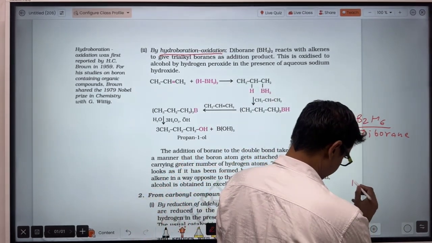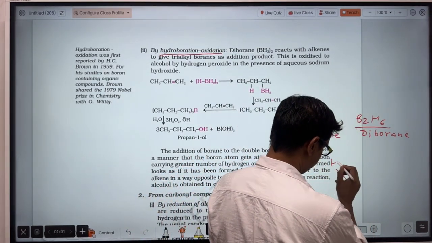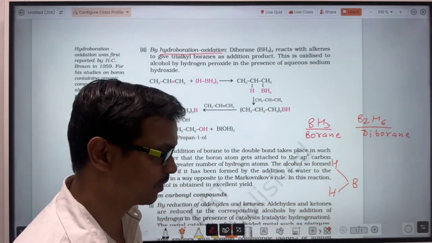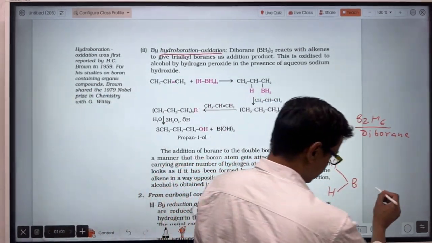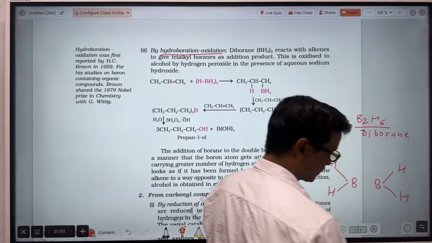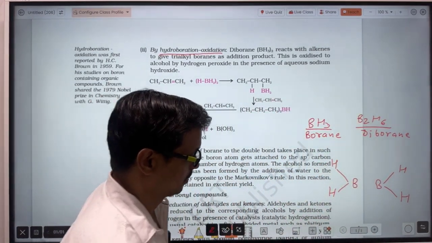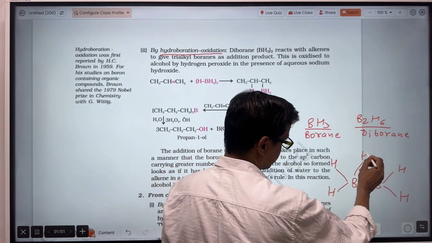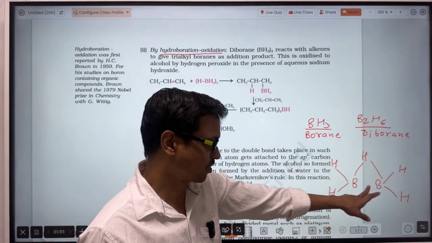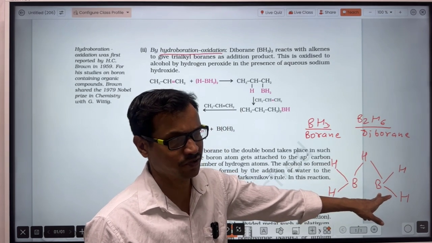In diborane there will be boron here, with hydrogen, hydrogen. To one boron, 2 hydrogen atoms will be covalently bonded, and to the other boron also 2 hydrogen atoms will be bonded. Now with one hydrogen, this boron will also be bonded and this boron will also be bonded.